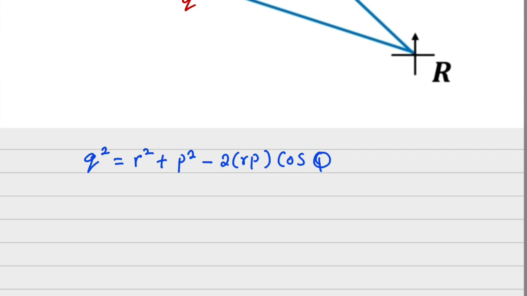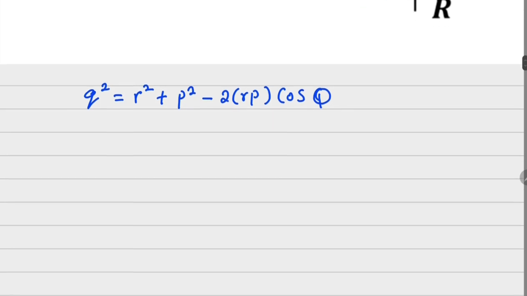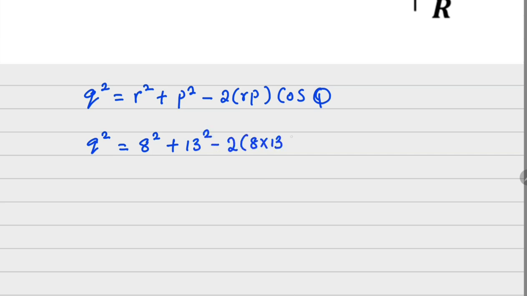Therefore, we'll now come down to substitute the values. So we have q squared is equal to, we know r is 8, so we have 8 squared, then plus p, which is 13, so we have 13 squared, minus 2 into 8 times 13, then we have cos 100.